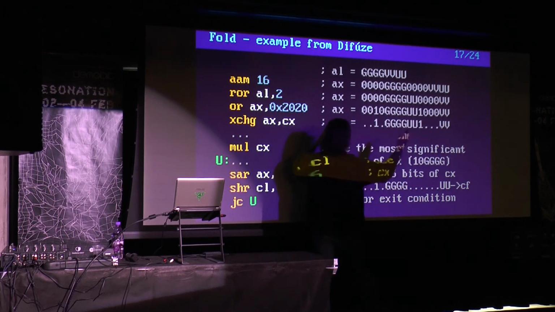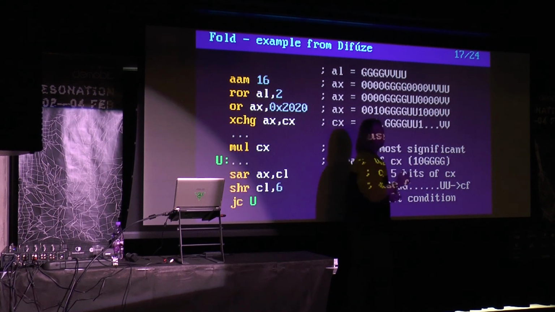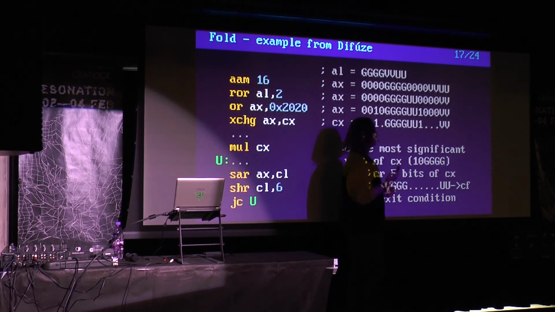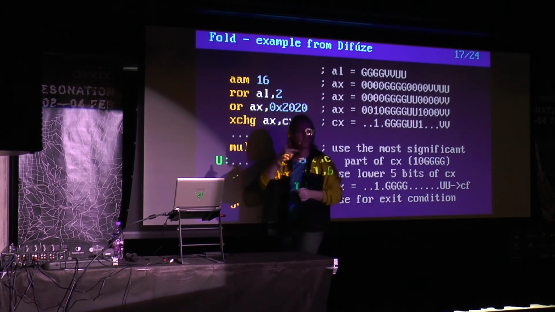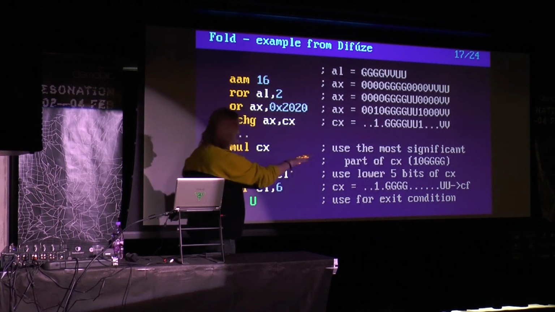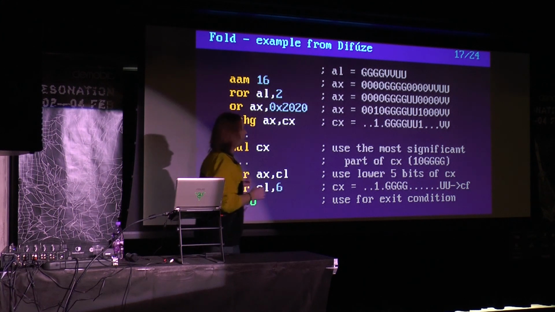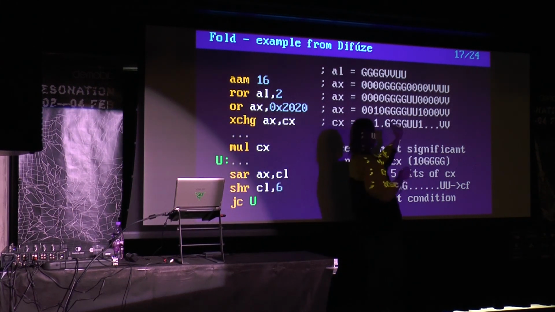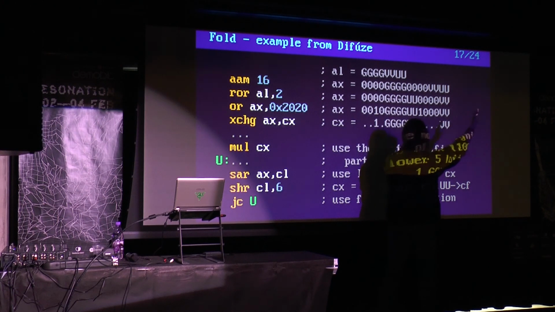One is to turn this part into a scaled 8-bit fractional number, and the second is that afterwards I need this one to do a loop. We will see it later. So first time I use the most significant part. So I use this thing, and this junk doesn't interest me anymore.